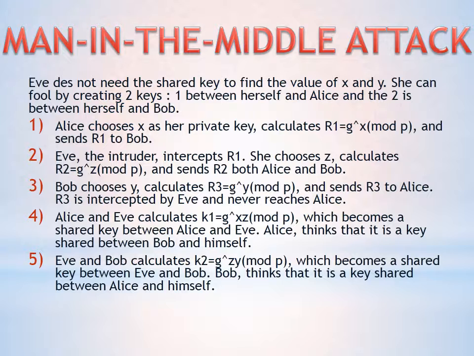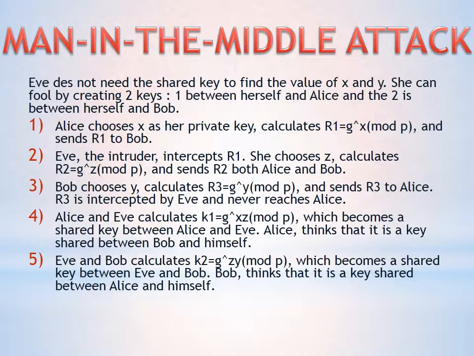She can fool them by creating two keys on her own, and she can use one of those keys between herself and Elias, and the second key between herself and Bob.